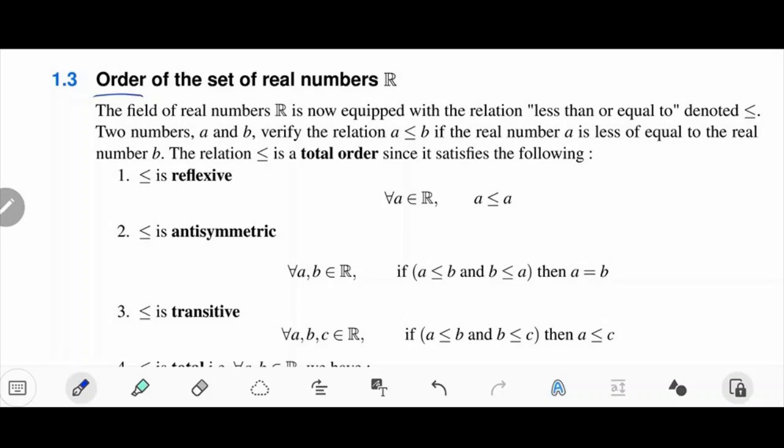For example, if I take the students in the class, I will say that these students can be ordered according to a relation, for example, "is younger than." It means that I can take all the students and put them in a row, saying that the first is younger than the second, the second is younger than the third, and so on.